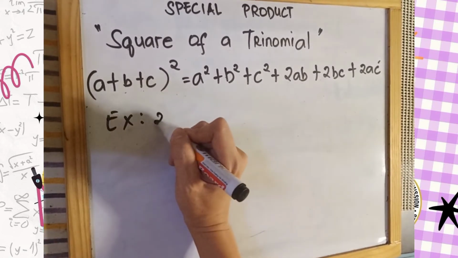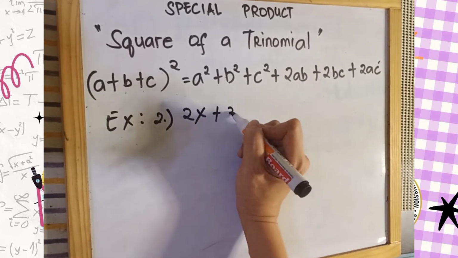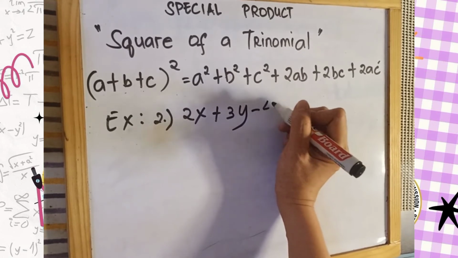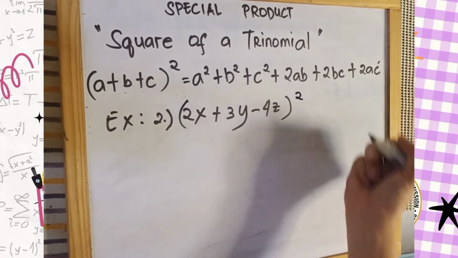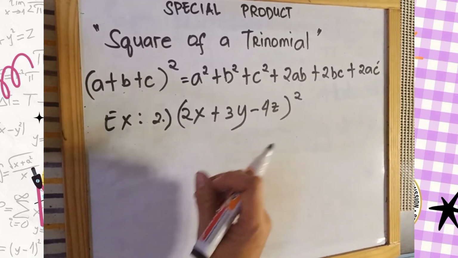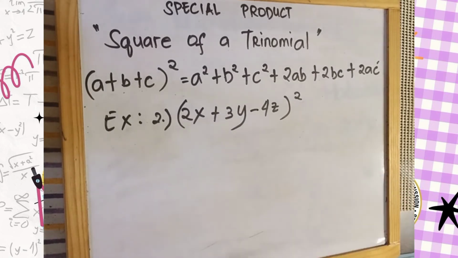Let's say we have (2x plus 3y minus 4z), and then, let's just square it. Okay? So, once again, our first step is to square lahat ng term sa ating given trinomial.